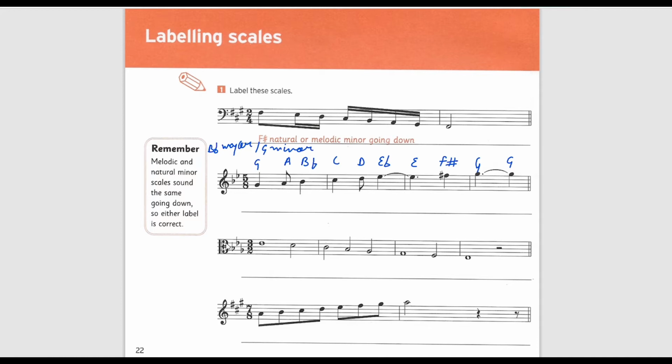The seventh note was supposed to be natural, but it is raised by a semitone and becomes sharp.